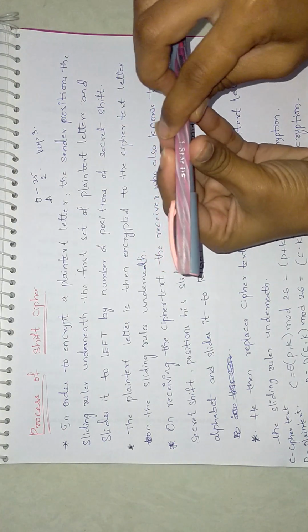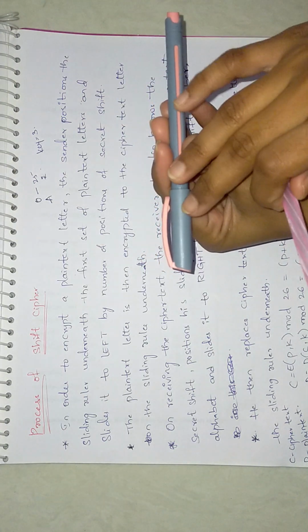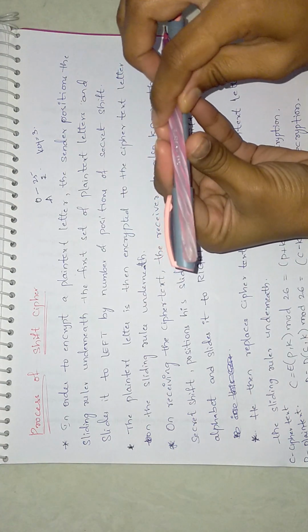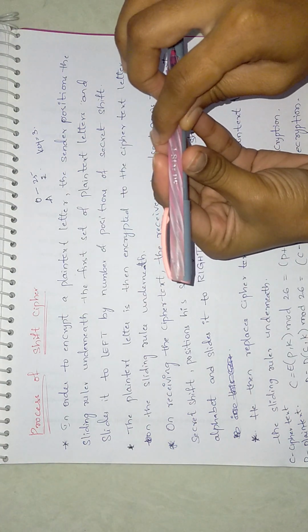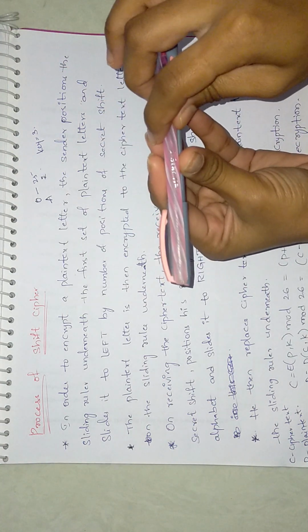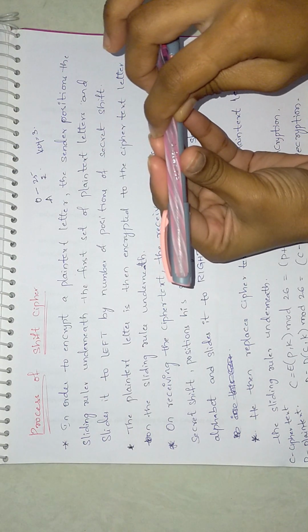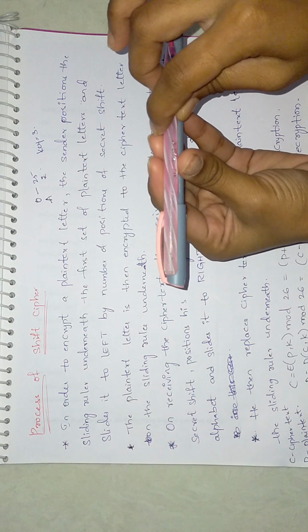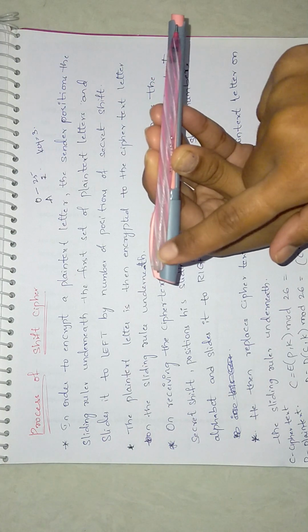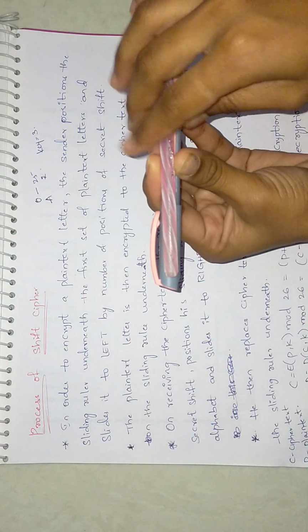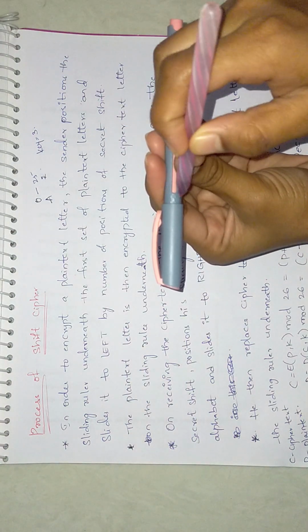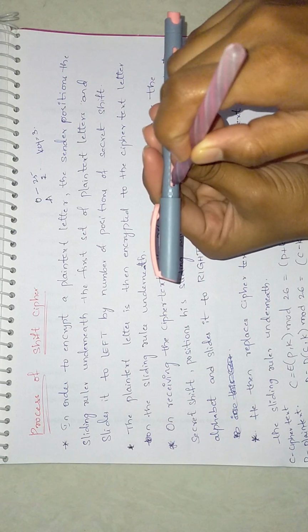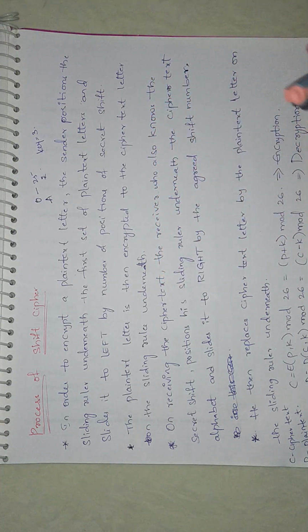Now for the plain text letter, if the letter is A, we will make sure that it is positioned to A. After positioning to A, the ciphertext will display its corresponding letter in the visible box. That is how it goes.